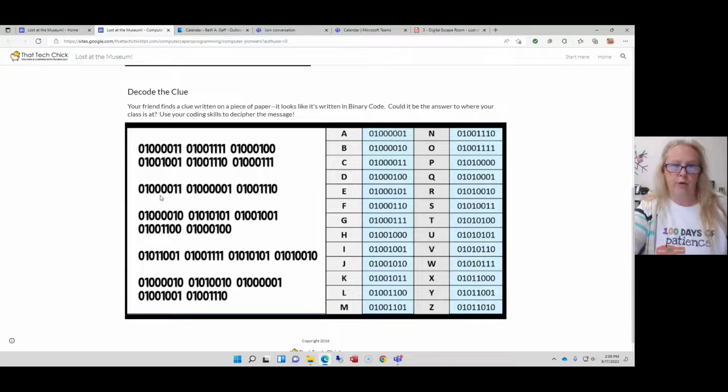The next word, C. Trying to find this one. A. N. Coding can. And then we have a 1 0.